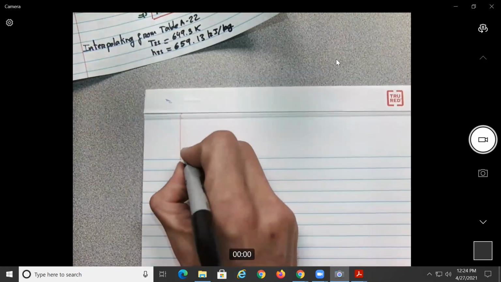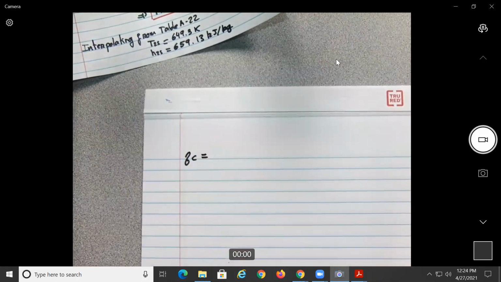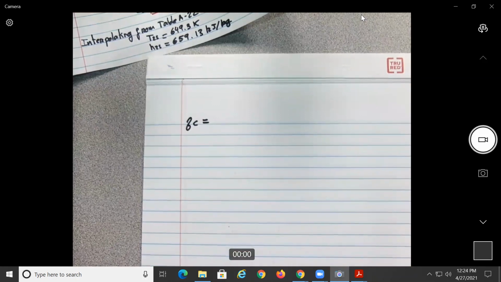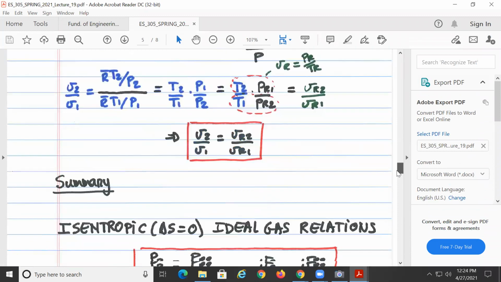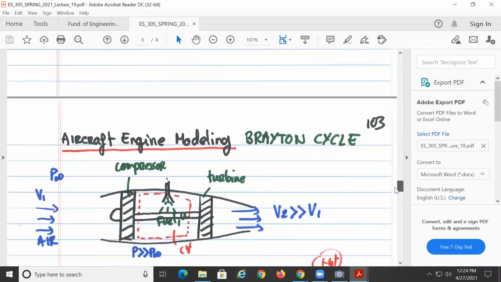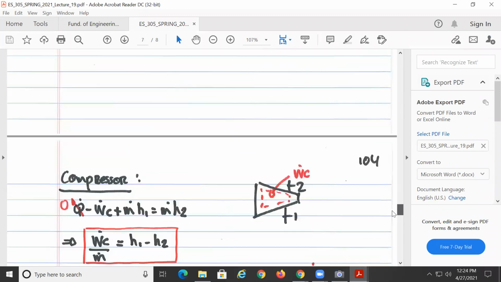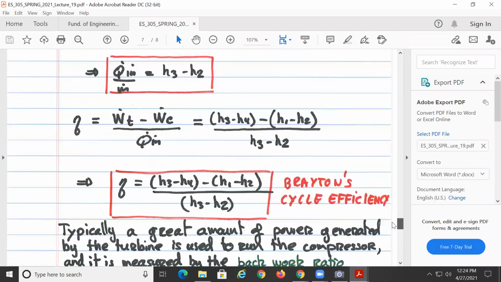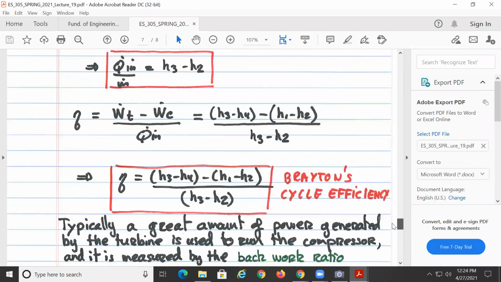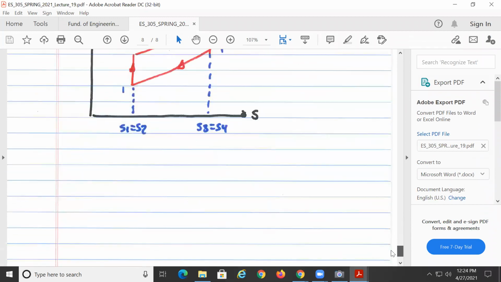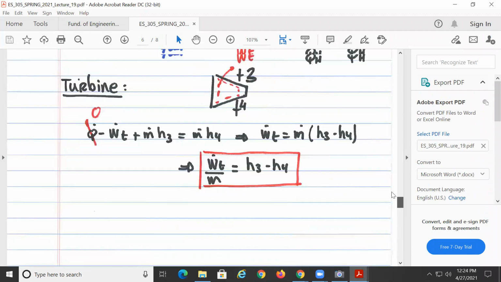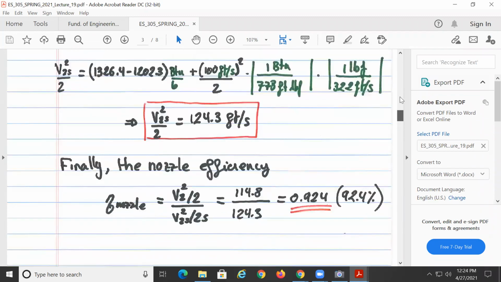So we're going to go back to the notes. Let's see if we can find it in here. Maybe it's not this one. This is the Brayton cycle. Brayton cycle efficiency. We might need this one later. Back work ratio. Probably before that, we did the efficiency of the compressor.